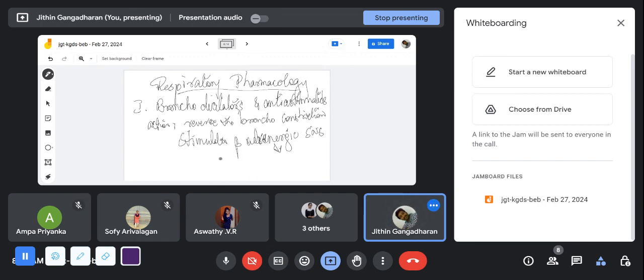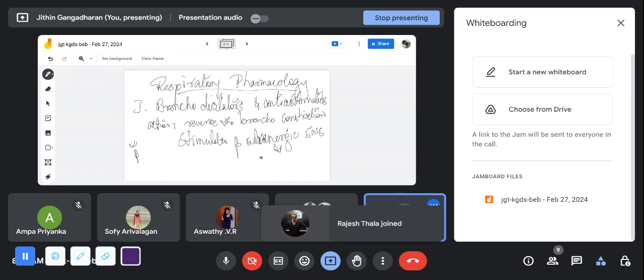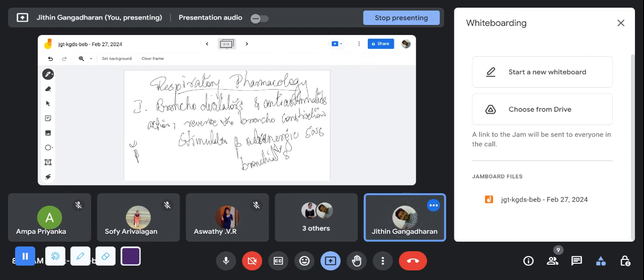See, in our bronchus, we have alpha receptors and beta receptors. This stimulates the beta adrenergic nervous system, thus causing bronchial smooth muscle relaxation.